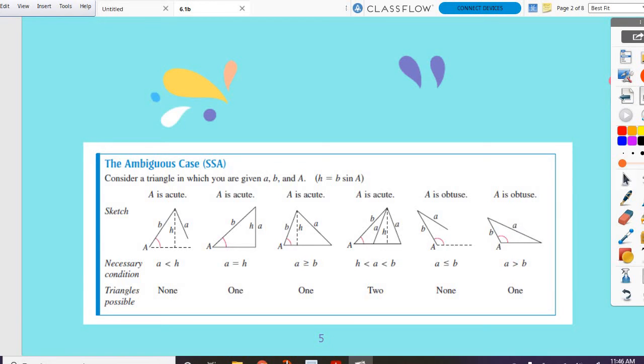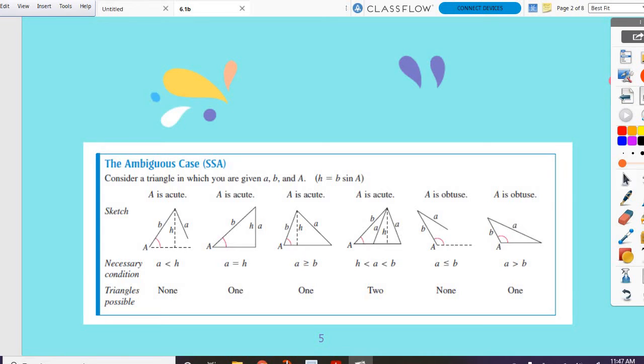We only have to worry about there being two options when we're given two sides and an angle that's not enclosed, okay? And you don't have to have this memorized. It's basically a laying out of what we talked about before. If our A is less than our H, or our height, notice that we're not going to be able to create a triangle.